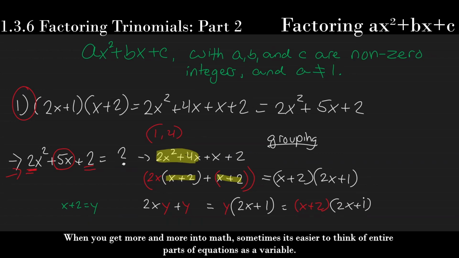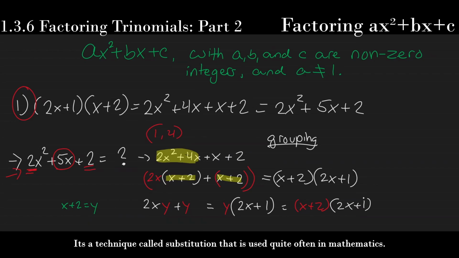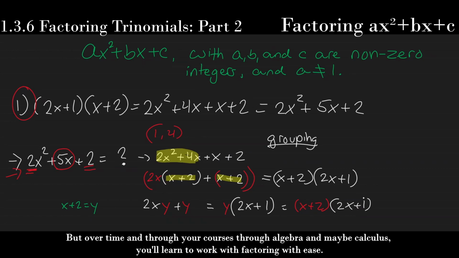When you get more and more into math, sometimes it's easier to think of entire parts of equations as a variable. It's a technique called substitution that is used quite often in mathematics. Factoring these can get really tedious if you're new to algebra. But over time and through your courses through algebra and maybe calculus, you'll learn to work with factoring with ease.